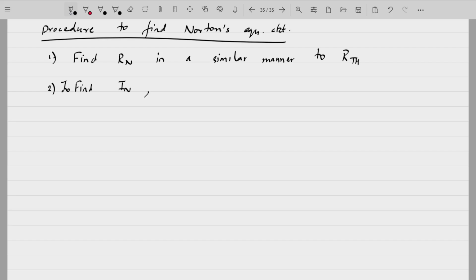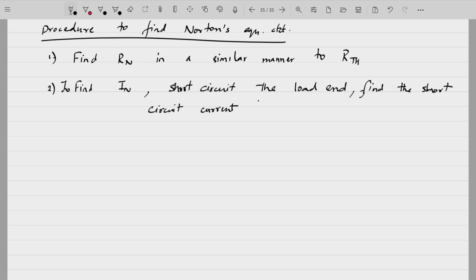To find In, short circuit the load and find the short circuit current.